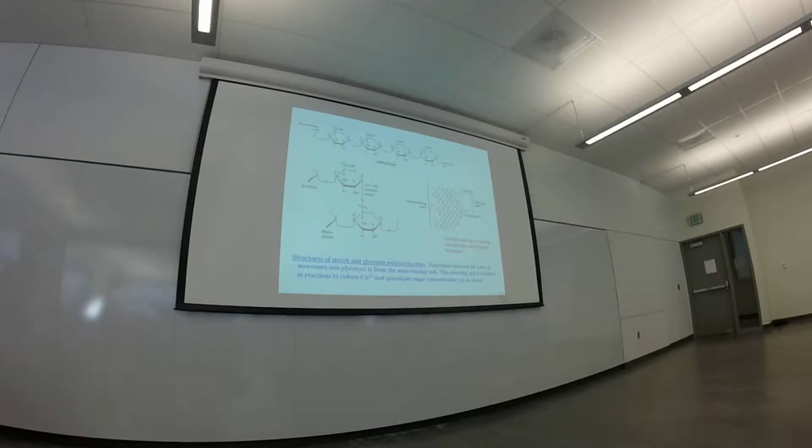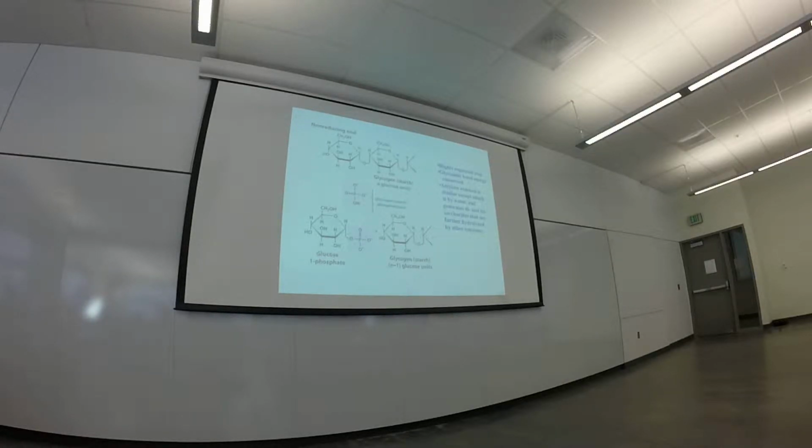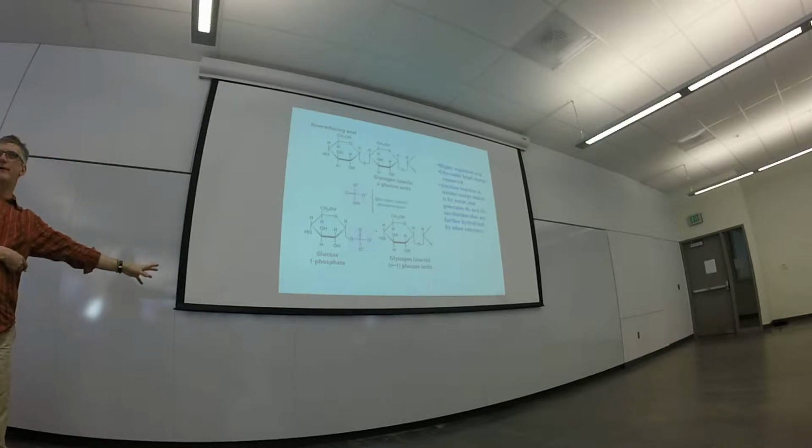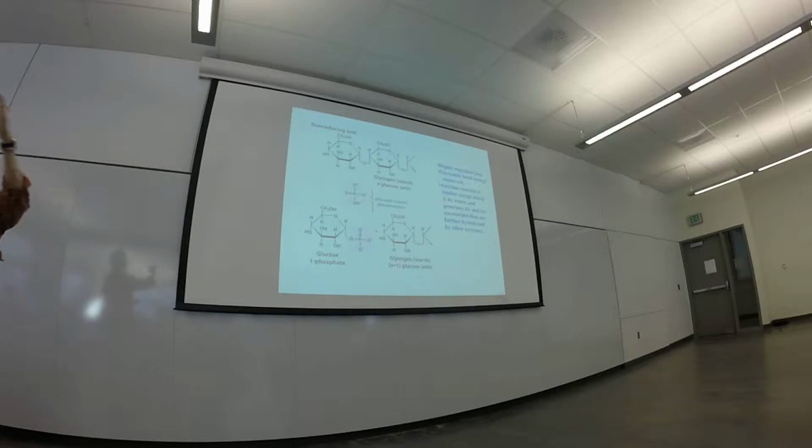So when the cell breaks down glycogen, it does so by means of a phosphorylation reaction. We saw glycogen phosphorylase, at least briefly. We encountered it as an example of an enzyme that is regulated by phosphorylation. Glycogen phosphorylase is itself phosphorylated by kinases, and there is a dephosphorylated form.